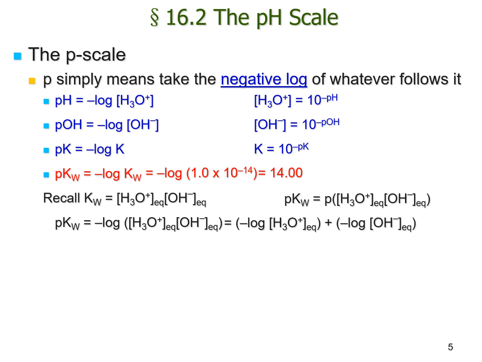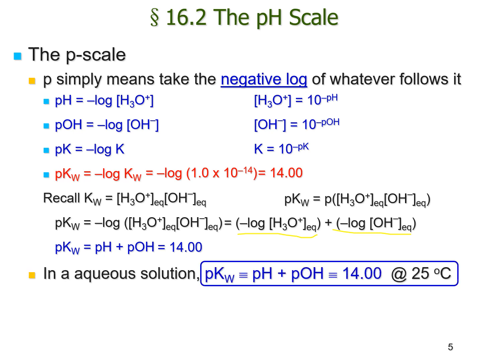So we can separate this hydronium and hydroxide into the negative log of hydronium plus the negative log of hydroxide. Negative log of hydronium, that's pH, right? Negative log of hydroxide, that is pOH. So pKw equals pH plus pOH equals 14.